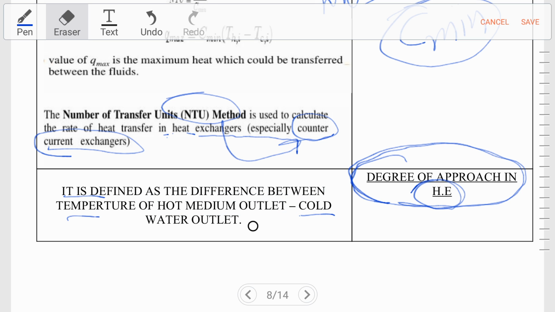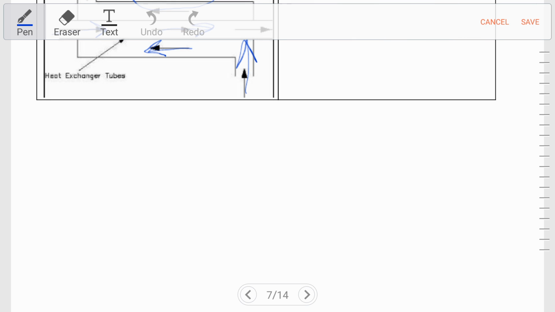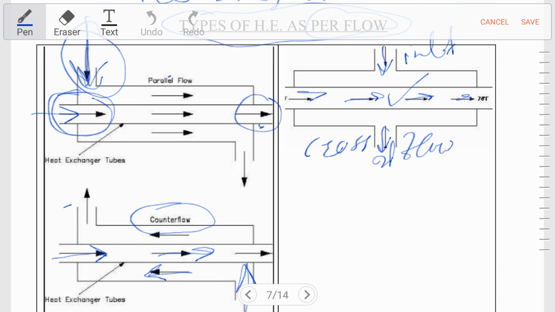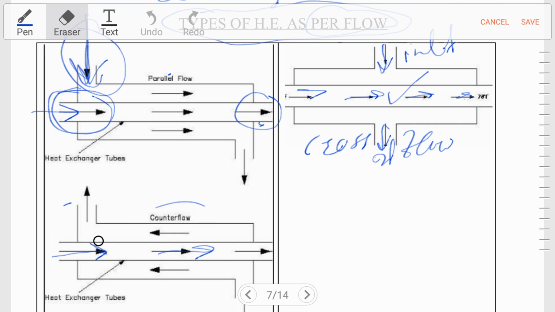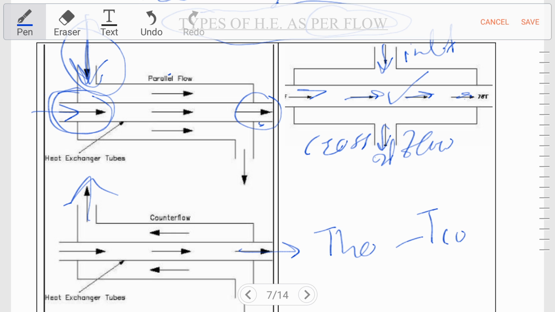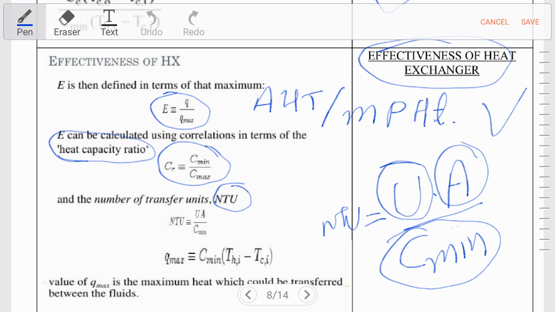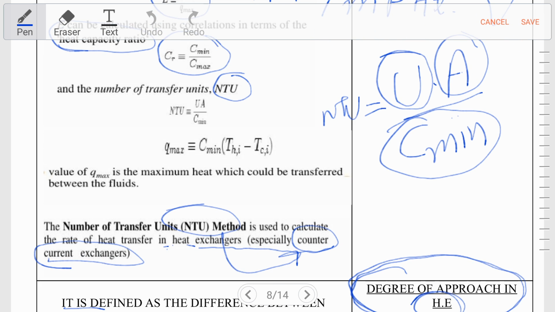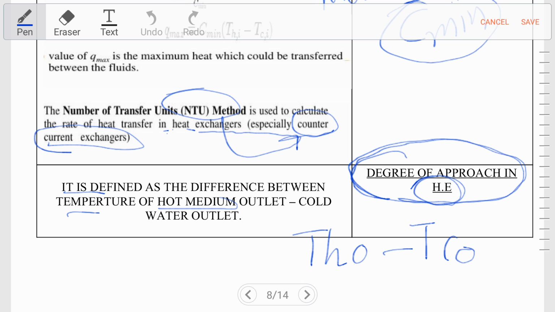I repeat, temperature of hot medium outlet minus temperature of cold water outlet. So let's see in the diagram. Over here we can see the temperature of hot medium outlet, this one, minus temperature of cold water outlet. This is our degree of approach in heat exchanger.